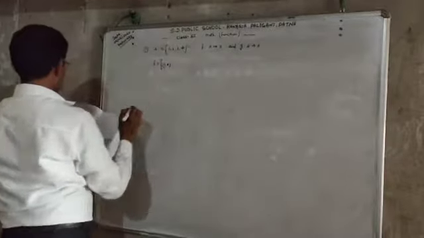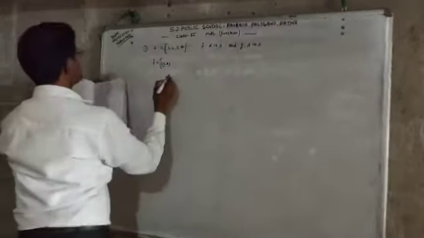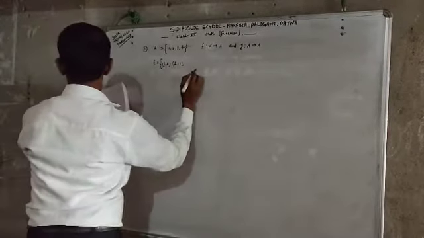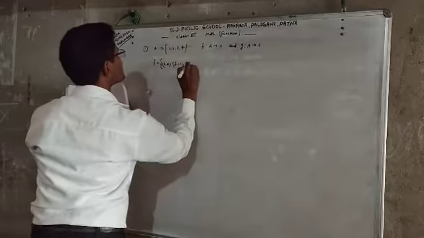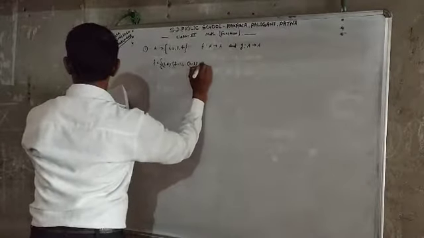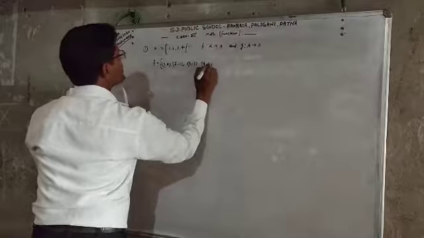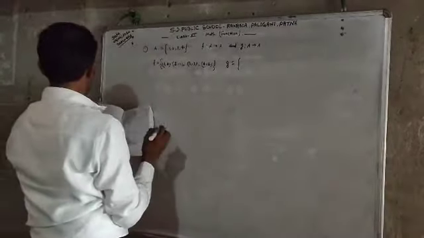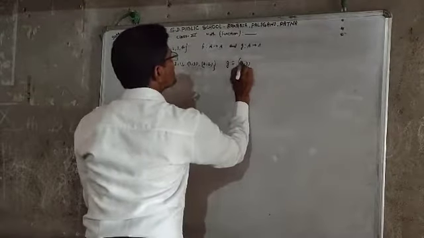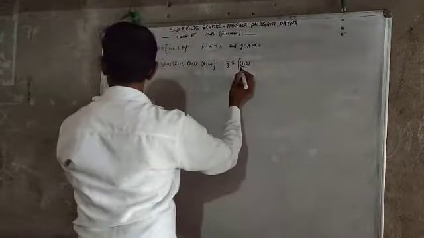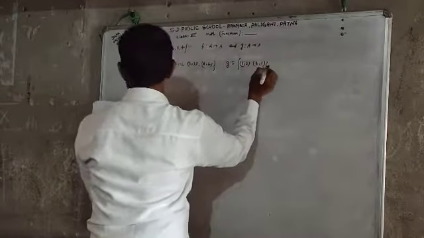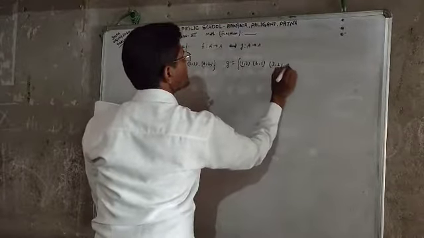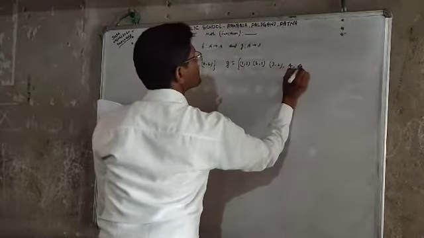Function f is given as (1, 4), (2, 1), (3, 3), (4, 2). Function g is given as (1, 3), meaning the image of 1 equals 3, then (2, 3), and (4, 4).